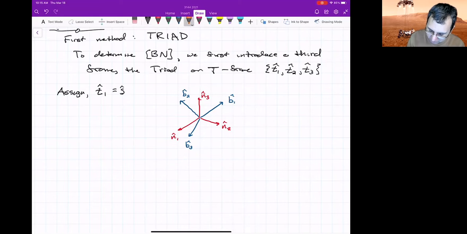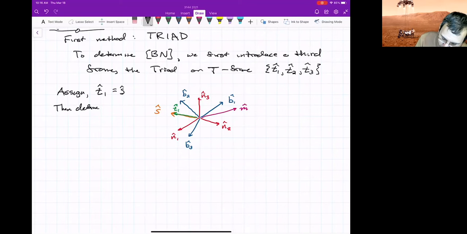If the sun direction is over here, and we know it in both frames, we call that T1. Now we're trying to create a right-handed coordinate system. The magnetic field could be pointing somewhere else. We're not going to say T2 equals M, because those two aren't necessarily perpendicular. So we need to construct a second unit vector for this T frame that is perpendicular, to create a right-handed coordinate system.